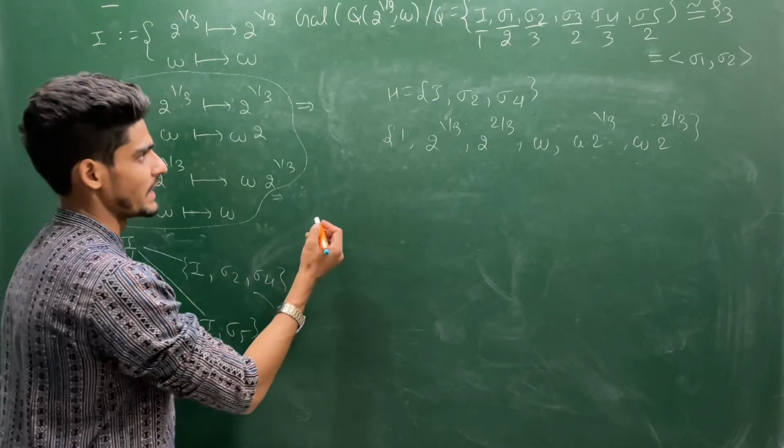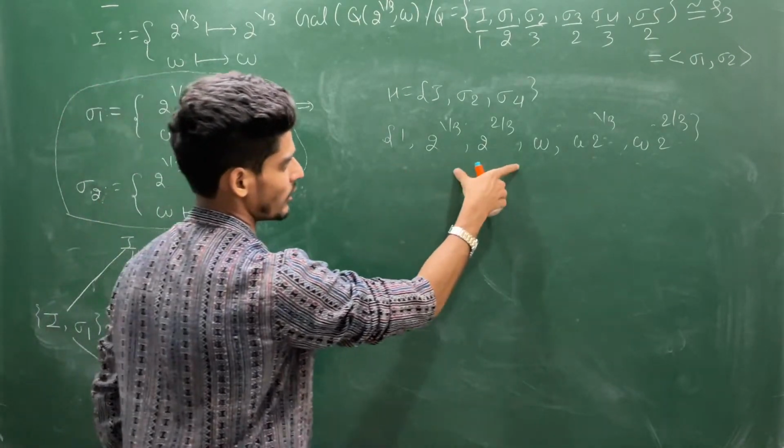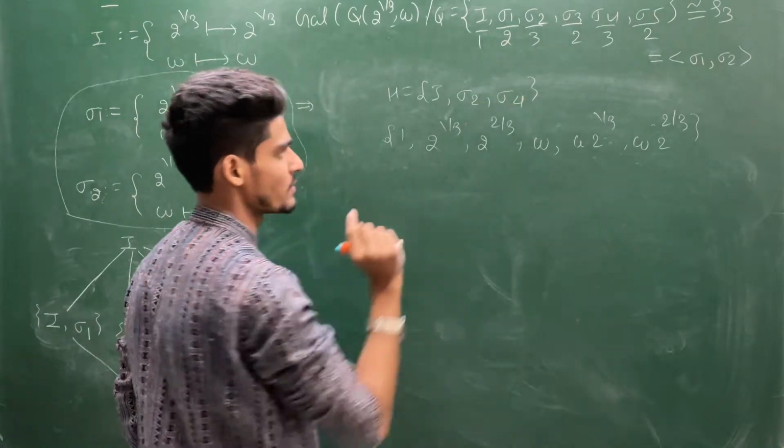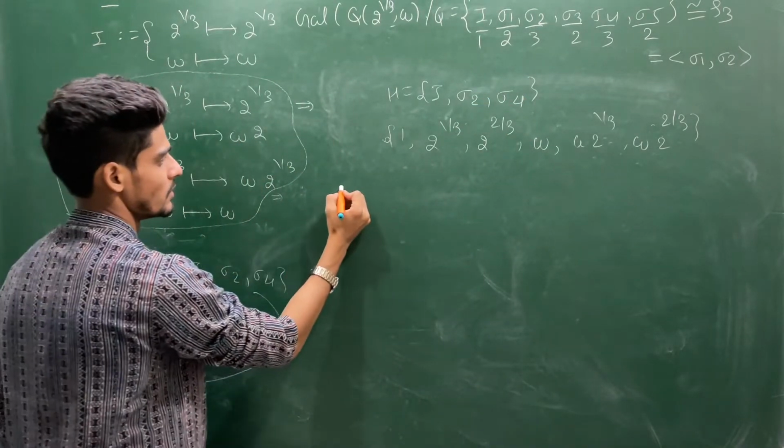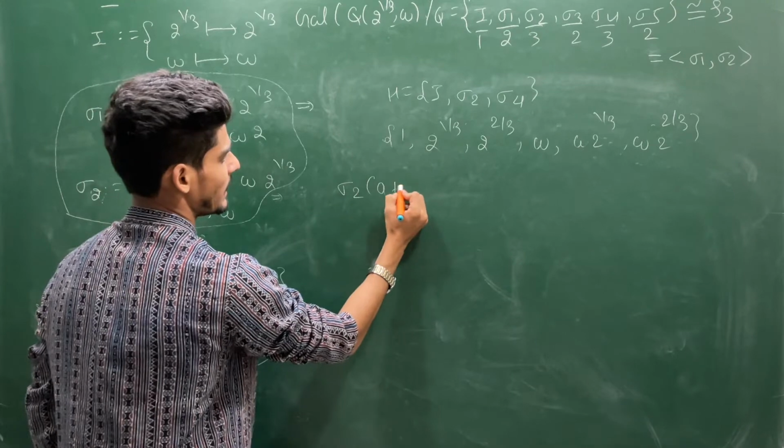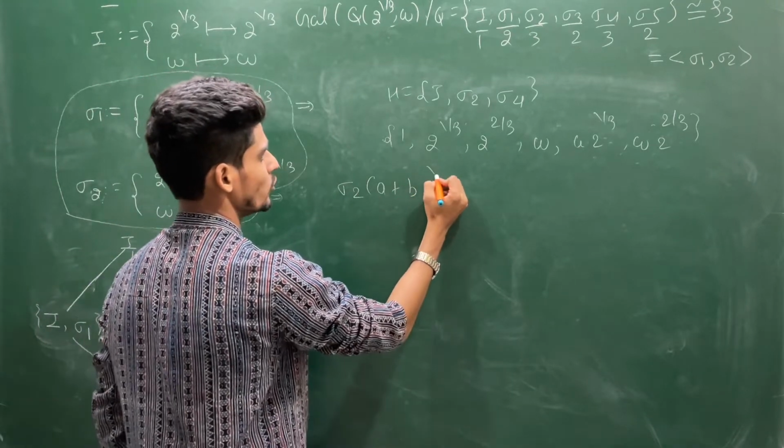So you choose any arbitrary element, then see what are the elements which are fixed by sigma 2 as well as by sigma 4.